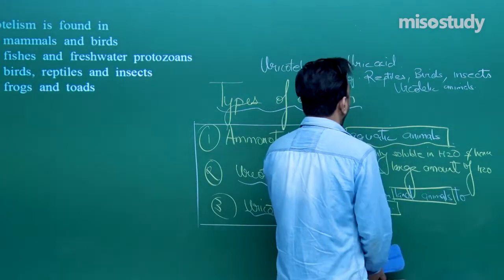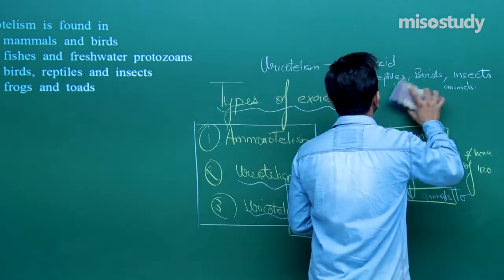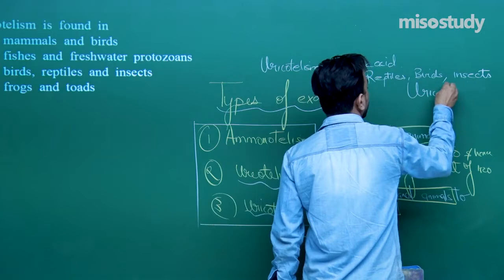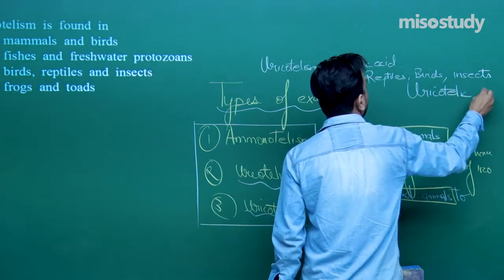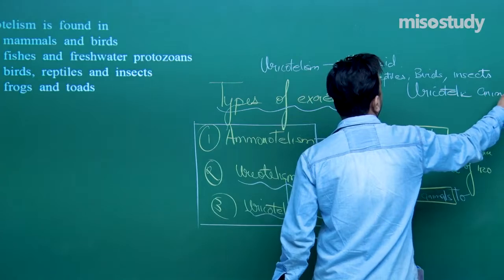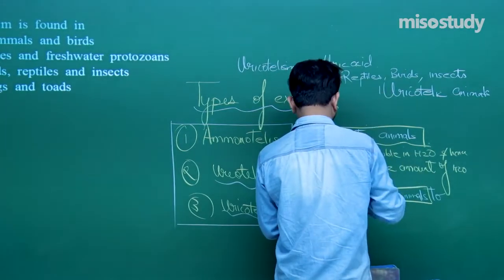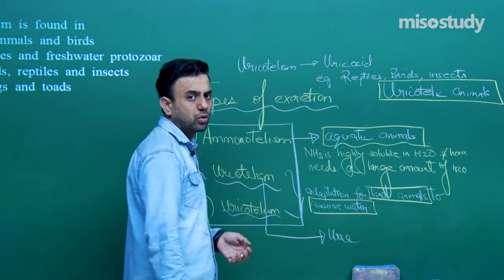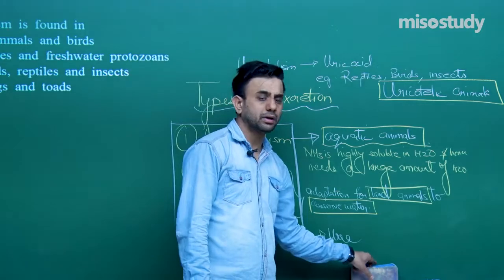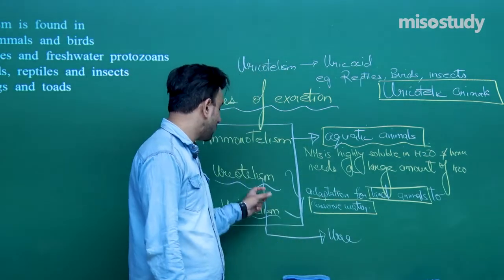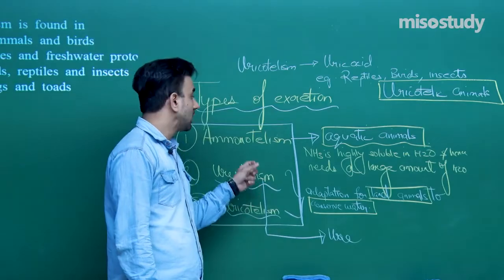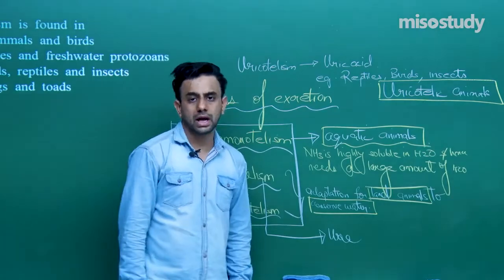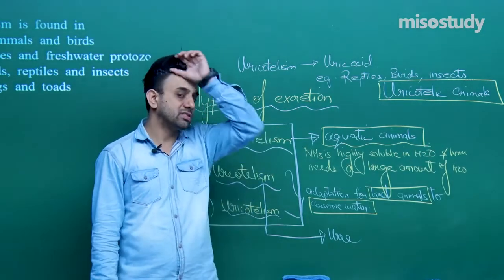Similarly, those excreting urea will be ureotelic animals, and those having ammonotelism will be called ammonotelic animals. So these are the different animals having these modes of excretion.